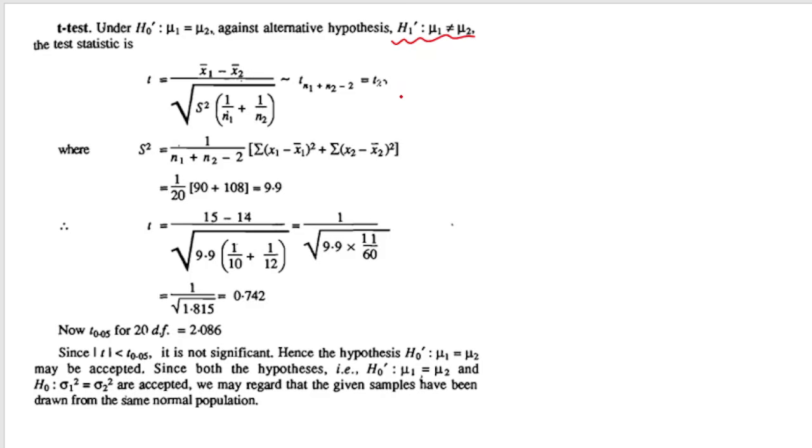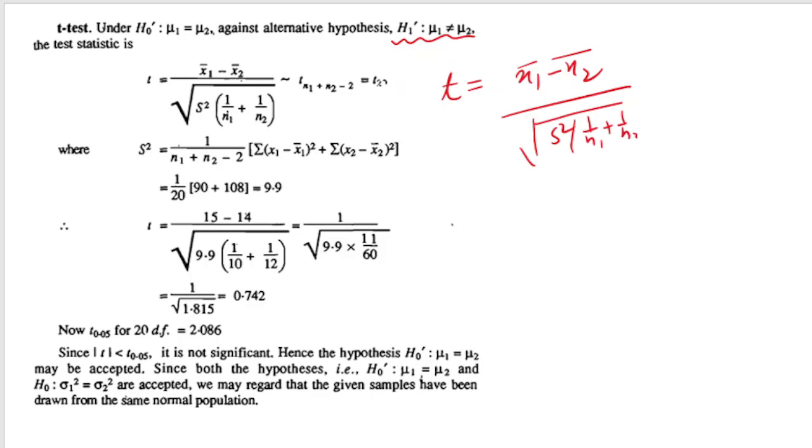So you remember that the test statistic t was (x̄1 − x̄2) divided by the square root of s² (1/n1 + 1/n2). So how do you calculate s²? It is 1/(n1 + n2 − 2). This we have done in the previous video.